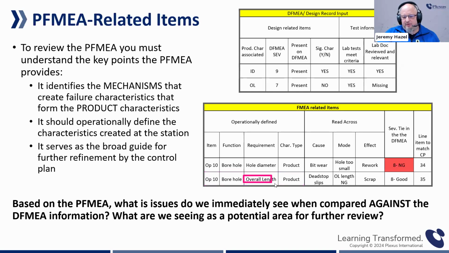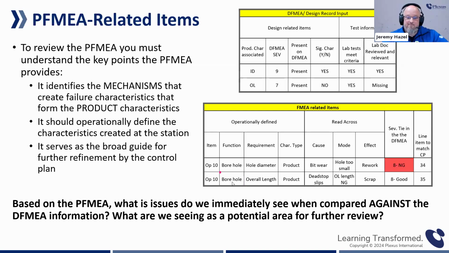If I'm cutting to a length and I have overall length, might this be an incorrect function? Absolutely it is. Remember that when we have function, when we put op10 down, if it's just boring the hole in the project, we're good, right? That's all it's got to do. It could be hole diameter, hole location, hole condition, roundness, no burr, anything related to that hole, I could get behind.